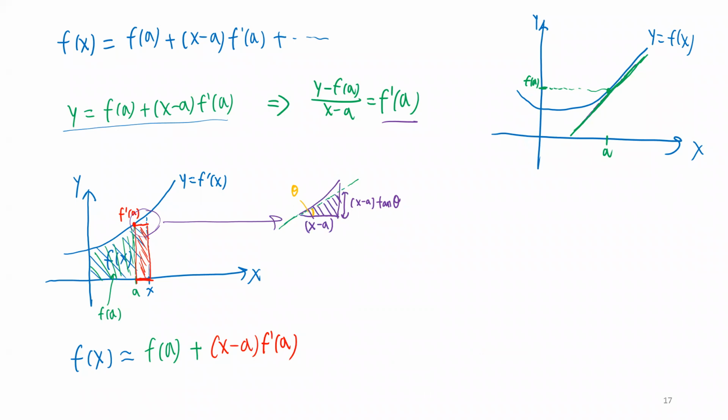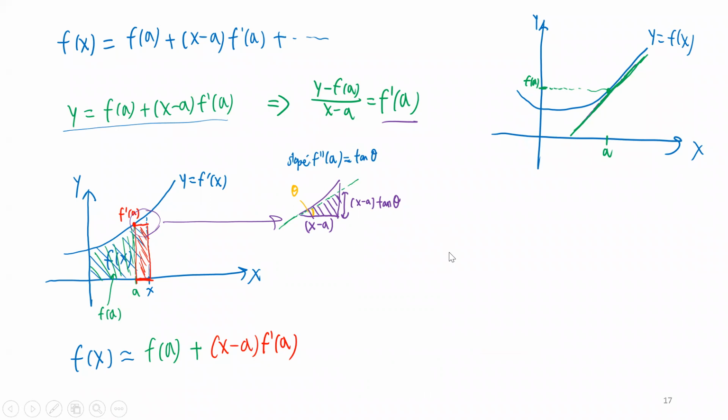That's why the slope is f double prime, and I take the slope at x equals a. So the slope is f double prime a, which is my tangent theta.